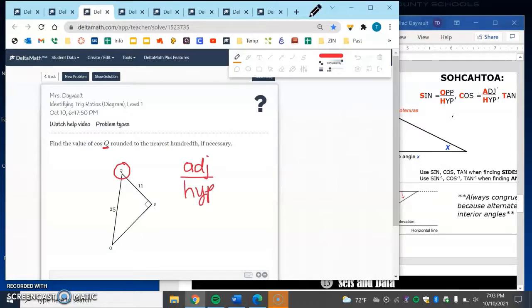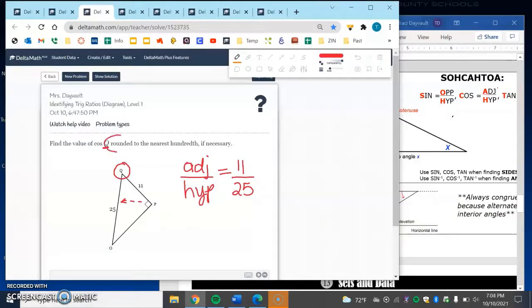All right, if I'm looking at angle Q, it has two sides that are adjacent to it. So the 25, though, is the hypotenuse. So what ratio would I use? The adjacent side would be 11. The hypotenuse would be 25, because that's the one across from the right angle.